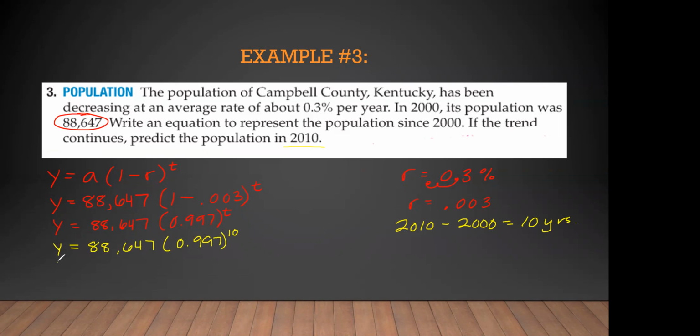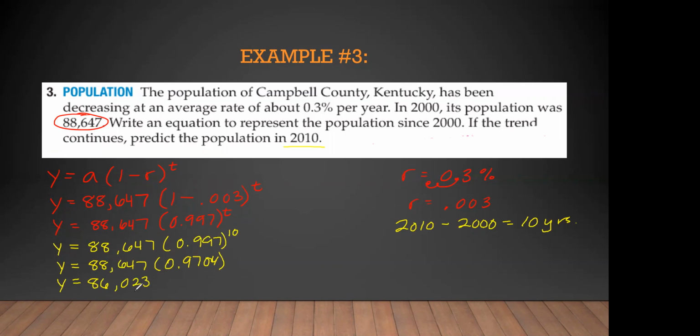So when we do that in a calculator, of course, 997 thousandths to the power of 10 ends up being 9,704 10,000ths. This is when you round it off. Keep it in the calculator, and then you multiply it by 88,647, and you end up getting 86,023.